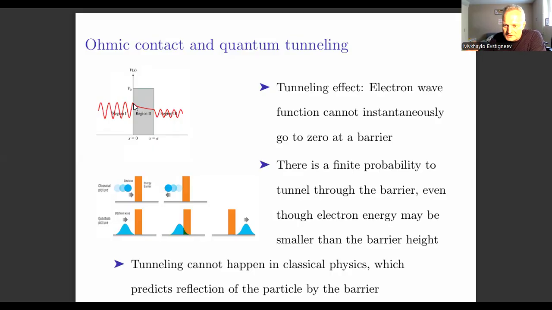Nature doesn't like these sharp transitions. So the wave function will decay into the barrier, but on the other side of the barrier, the wave function will be low, but not completely zero. And that means that the probability to find an electron on the other side of the barrier remains finite. This is the quantum tunneling effect.